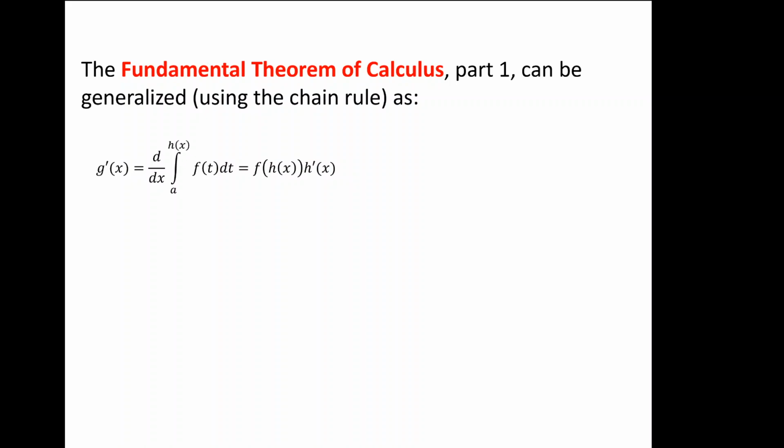It is essentially a statement of the chain rule with the fundamental theorem, and it states that if you take the derivative of the antiderivative of f of t dt, but the bounds are not a constant to a variable, instead they're a constant to a function, so integral goes from t equals a to t equals h of x, then what you'll get is instead of f of x, you get f of h of x, and you have to multiply by h prime. So it has the same structure as a chain rule.